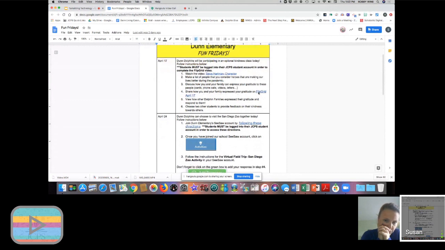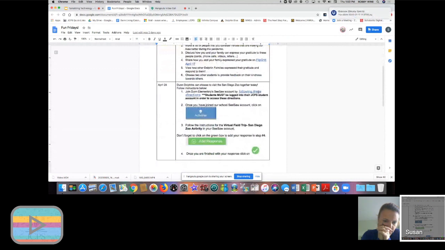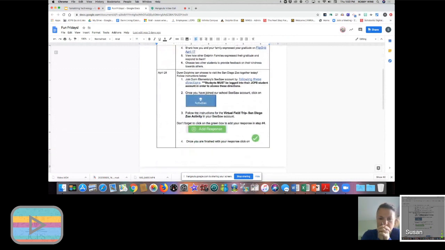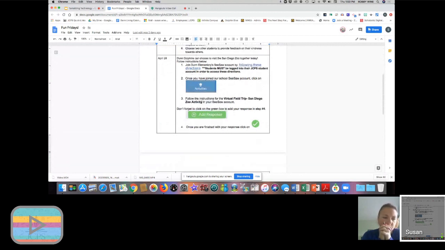The next week they visited the San Diego Zoo. They clicked here for directions, which is basically me on a Screencastify showing how to do it. They went to a Seesaw account and responded to what they learned about the zoo. Some of their responses on Seesaw are super cute because they have choice, which is really important.